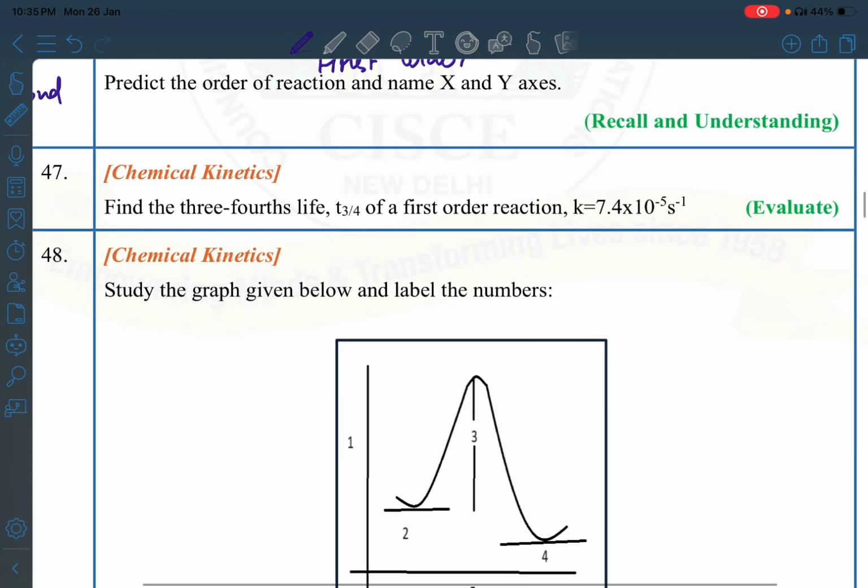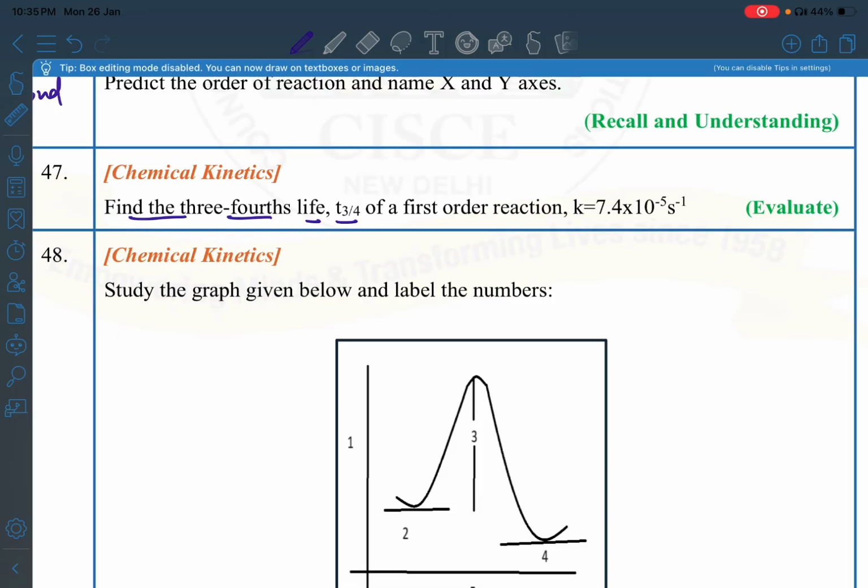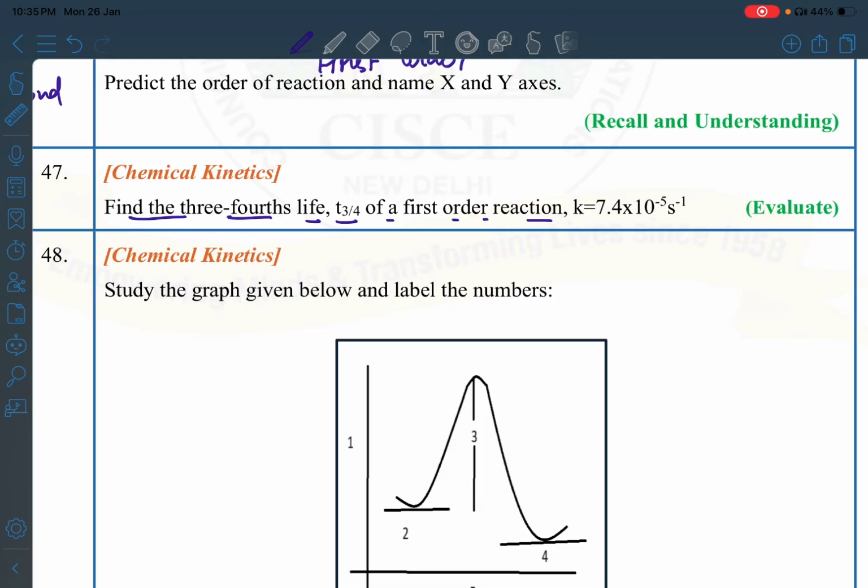Now find the 3/4 life of a first order reaction. So we have to find the 3/4 life. It will be equal to 2.303 upon k, where k is 7.4 into 10 to the power minus 5.